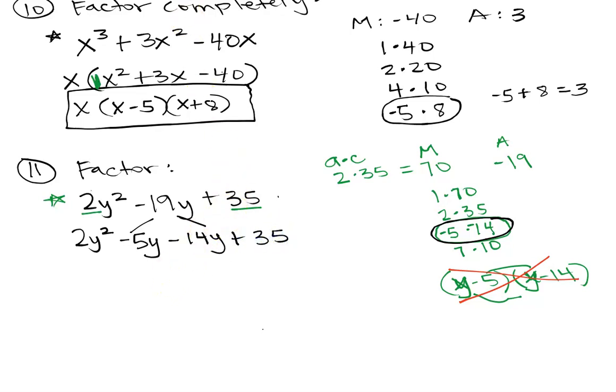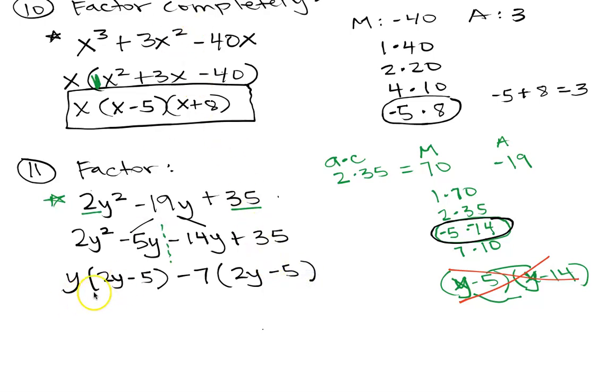Now it's just factor by grouping. I have 4 terms. I'm going to split them in half and then factor out the greatest common factor. On this, only a y can come out. It's going to leave me 2y minus 5. And over here, it looks like a negative 7 can come out, which is going to leave me 2y minus 5.